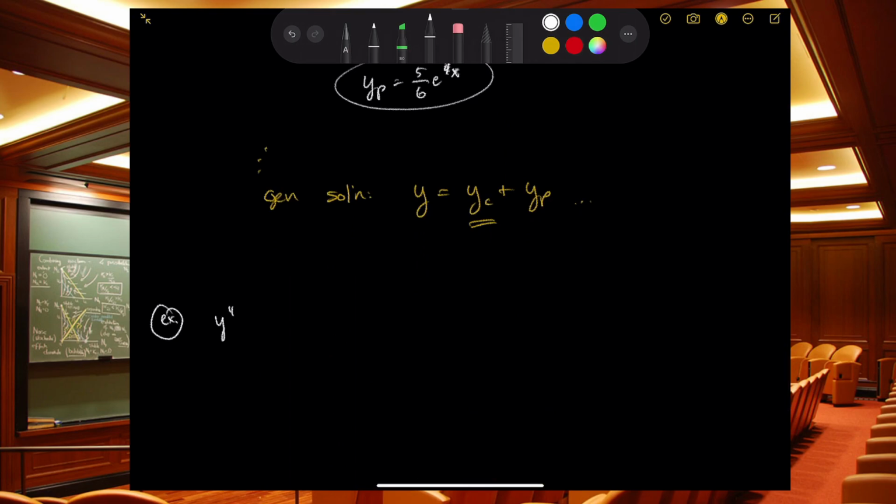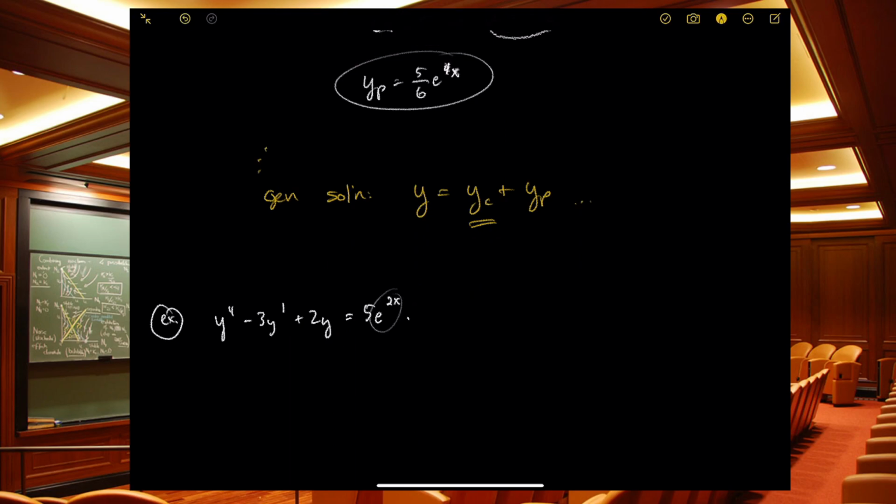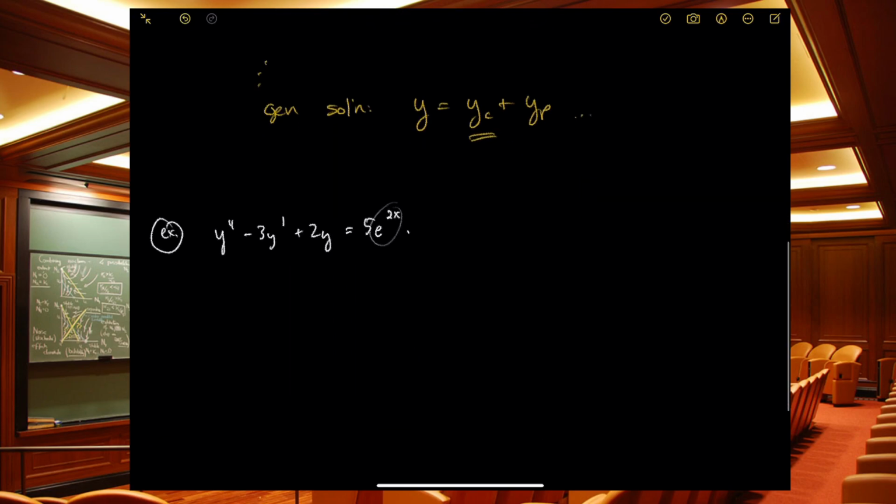Suppose we had y double prime minus 3y prime plus 2y equals 5e to the 2x. Then here we see this is a solution to the homogeneous equation, because the homogeneous equation has the characteristic polynomial r squared minus 3r plus 2.